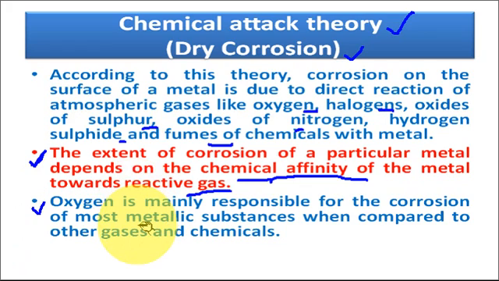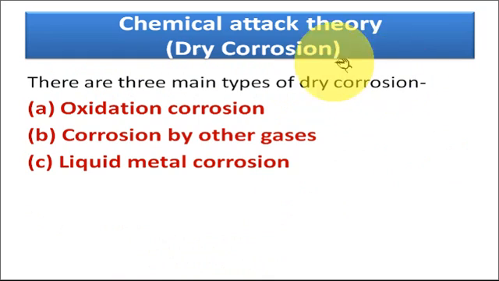Generally, oxygen is mainly responsible for the corrosion of most metallic substances as compared to the other gases and chemicals. So let us consider the chemical attack theory, or dry corrosion.